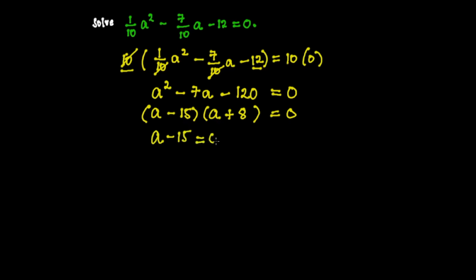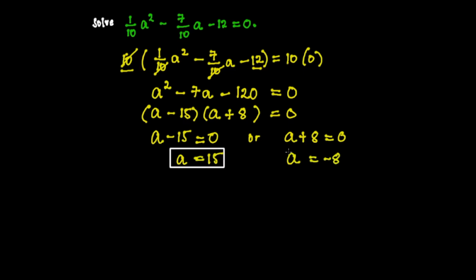Okay, if that is correct, we can equate the equation a minus 15 equals 0 or a plus 8 equals 0. Then we can get the a value. We have a equals 15 and a equals negative 8. These are the two roots na kukunin natin or nakuha natin.